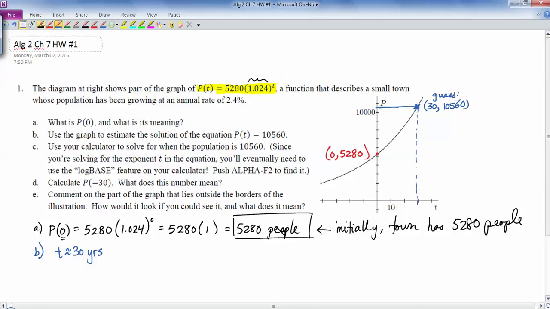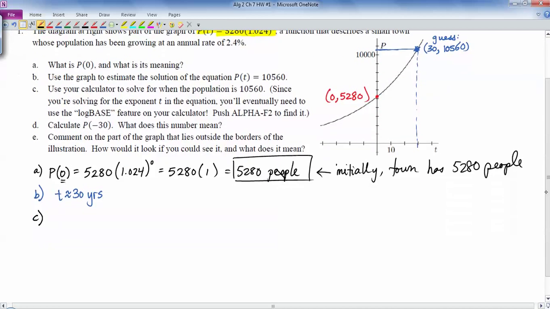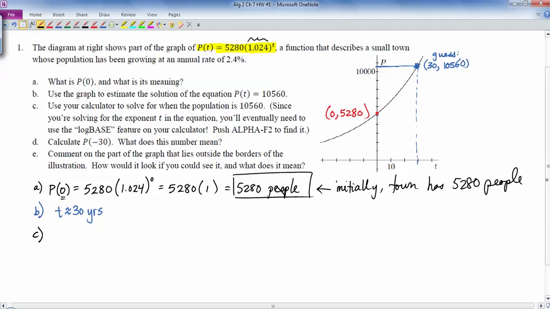Okay, let's do C. C says actually solve when the population is 10,560. So that means P is going to be 10,560. The way we solve that is set it equal to our function, 5280 times 1.024 to the t.